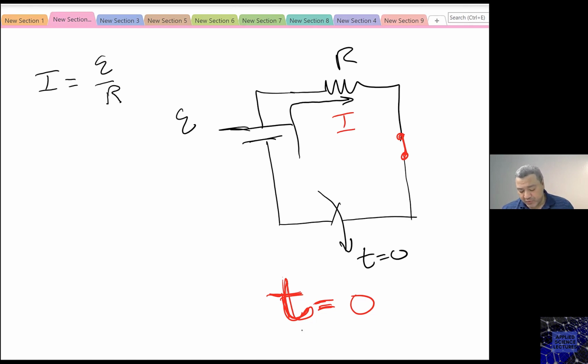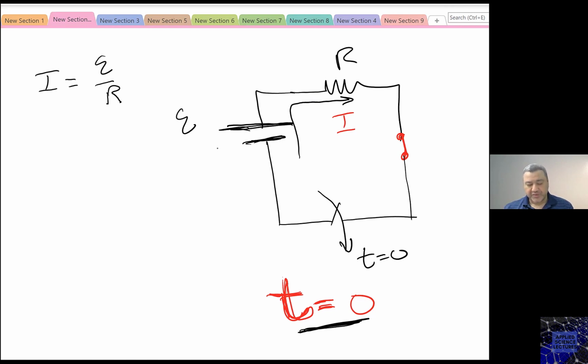So right at this moment, the current charging the capacitor is the maximum current. And then once this capacitor starts to accumulate charges in it, the potential difference between the capacitor and the electromotive force will start to decrease.